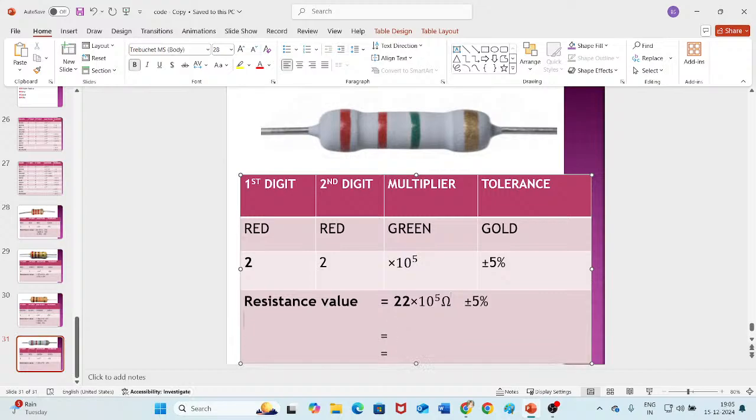So how much is the resistance now? Okay, so it is a very high value actually. So we can't even mention it in kilos. So 22 into 10 power 5 ohms. Okay, so I can write it in kilo also. It is approximately 2200 kilo.